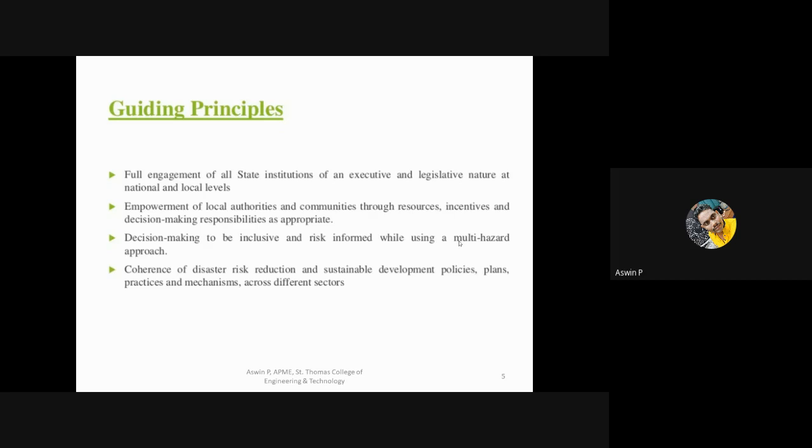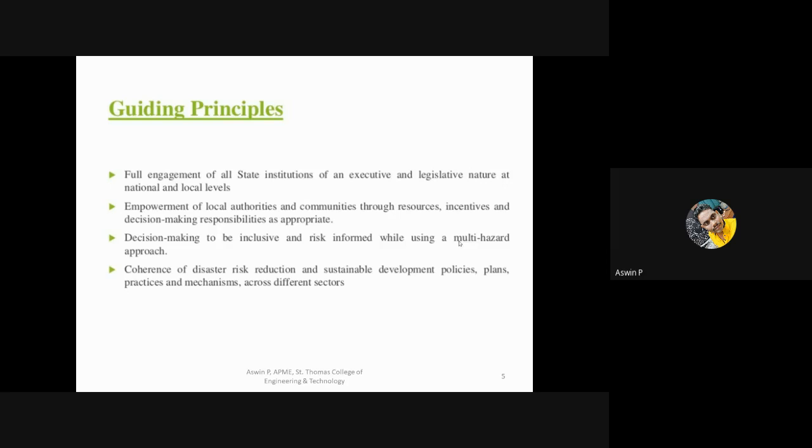And it's very important: full engagement of all state institutions of executive and legislative nature at national and local level. This is very mandatory, a very important guiding principle. And then comes empowerment of local authorities and communities through resources, incentives, and decision making responsibility as appropriate. This is another point.